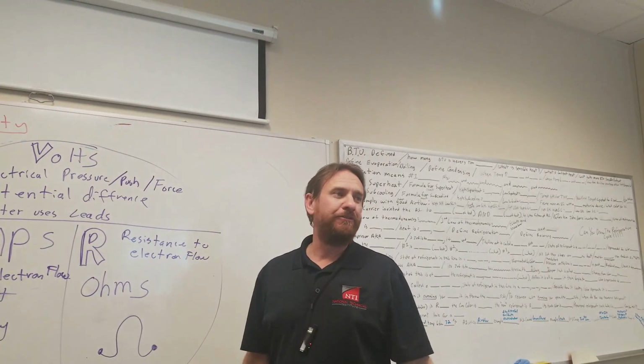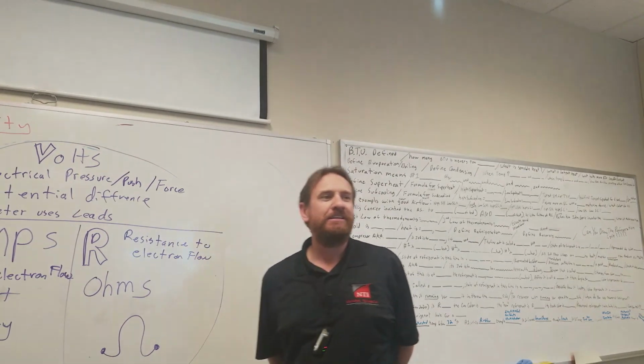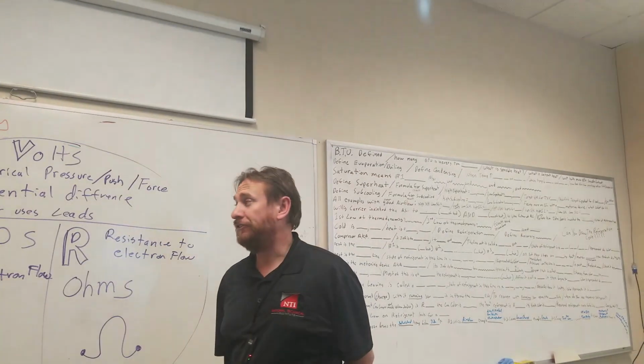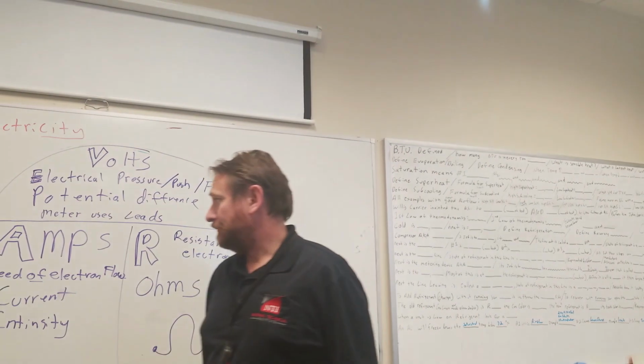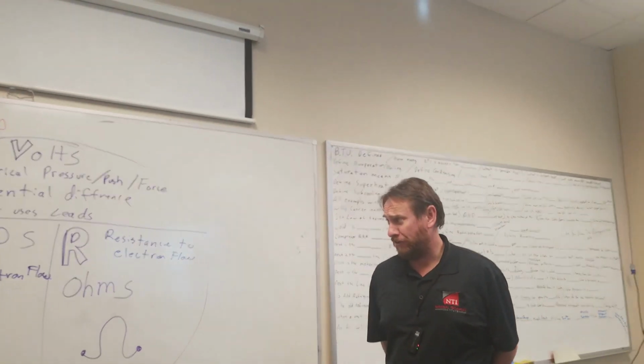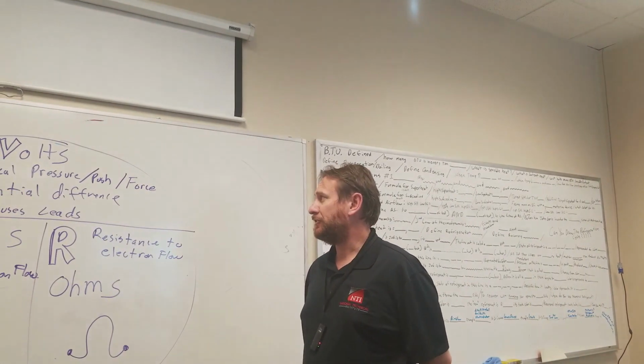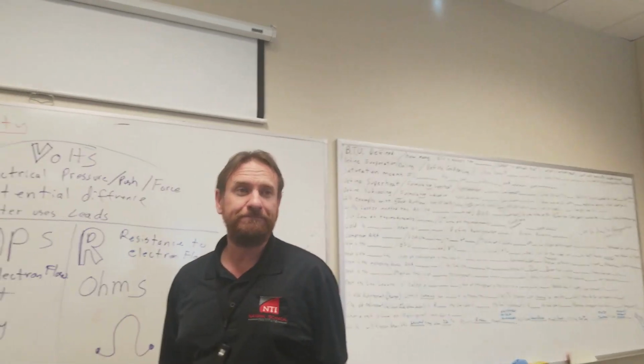There's a long formula for it, a whole bunch of words, and all those words equal E over I and R. And it also breaks down to a bunch of formulas. You can say amps, which is speed, electron flow, current, intensity, multiplied by R, resistance, ohms, omega symbol, equals E, volts, electrical pressure, potential difference.